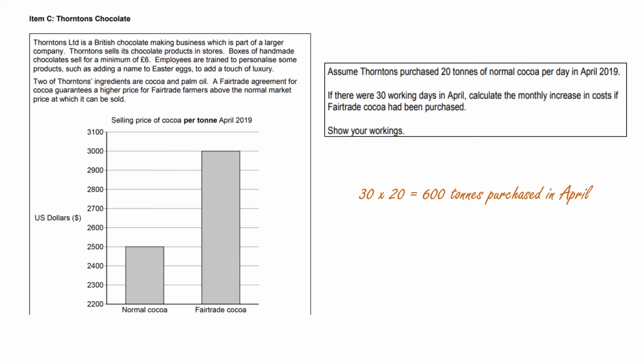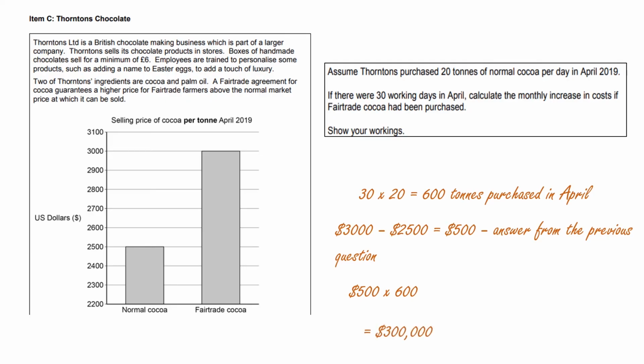Then we know from the previous question there was $3,000 minus $2,500, and the answer was $500. So now we need to take the $500 and multiply that by the 600 tons purchased, and that would give us our answer, which is $300,000.